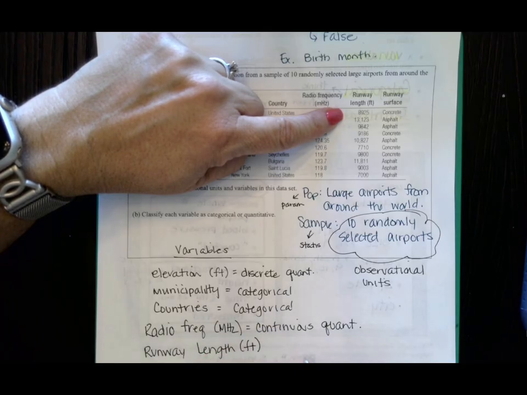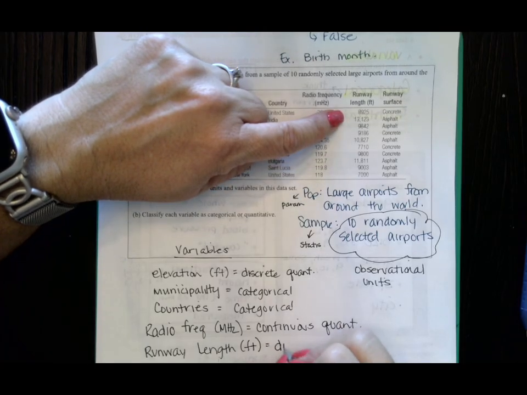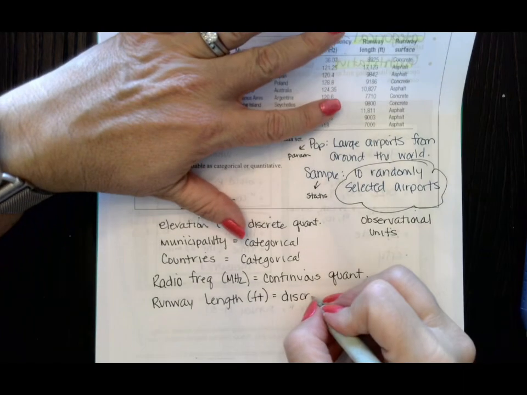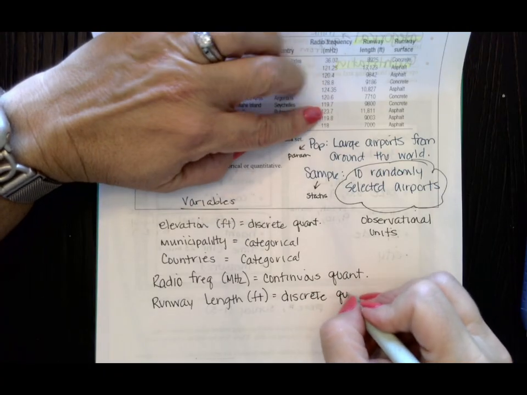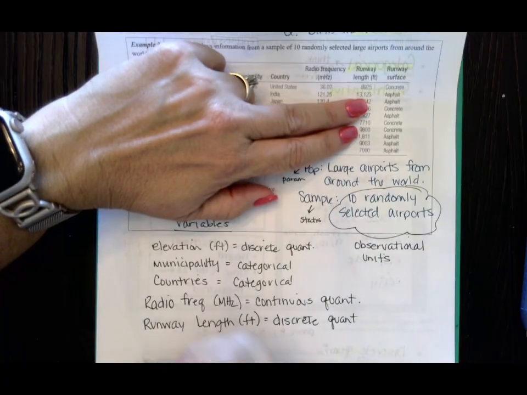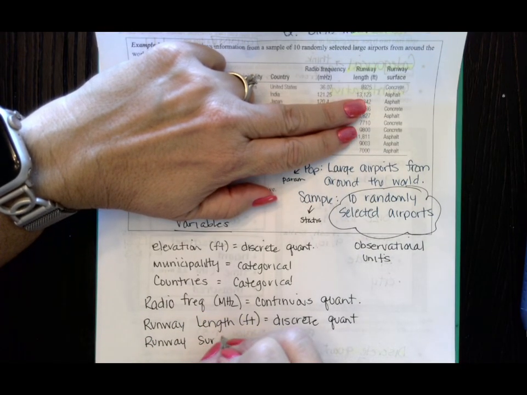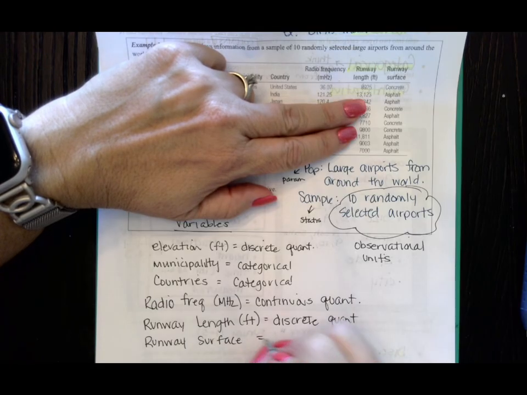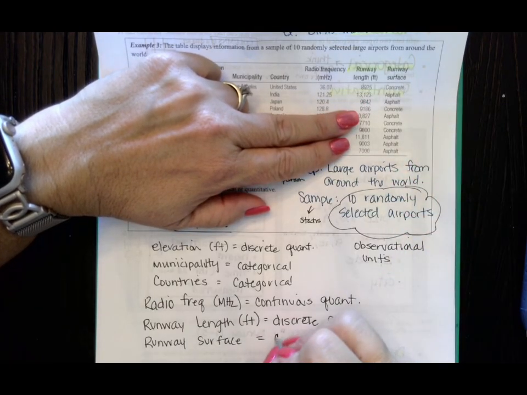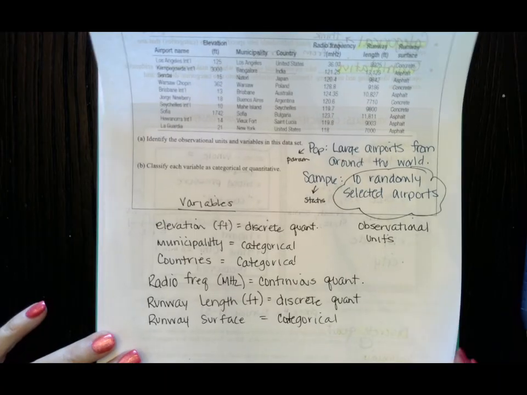And I see that these are all whole number values. So this is going to be another example of discrete. And then the last variable that I have here is runway surface. And this is concrete or asphalt, which is going to be categorical. Okay. That's it for today.